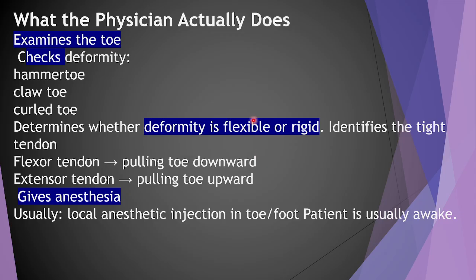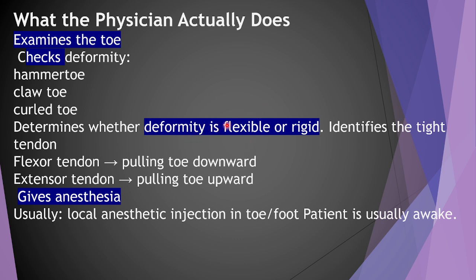So what does the physician actually do in the tenotomy procedure? First, he will examine the toe, check the deformity, whether it is curled toe, clubbed toe, or claw toe, and determine whether the deformity is flexible or rigid.